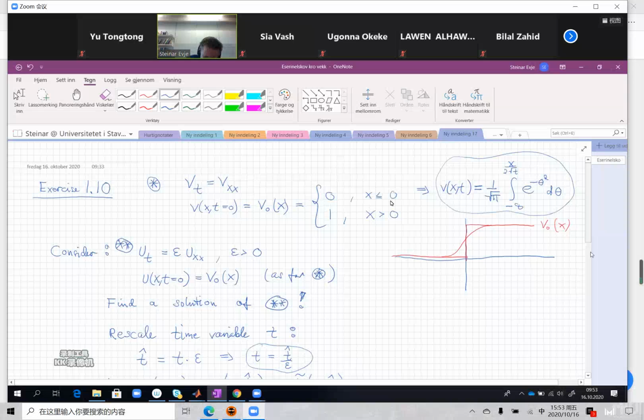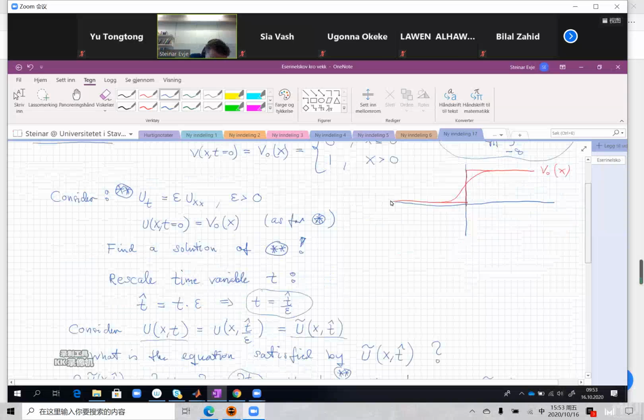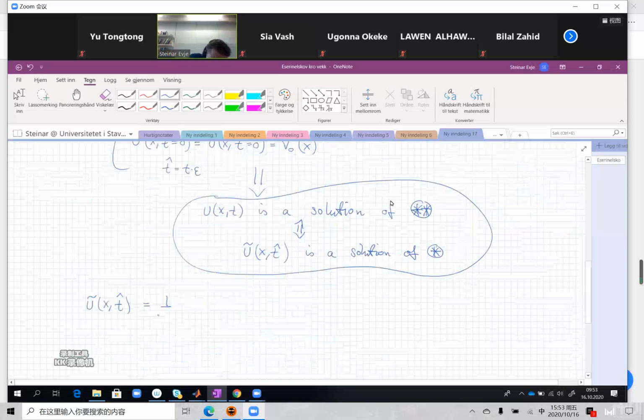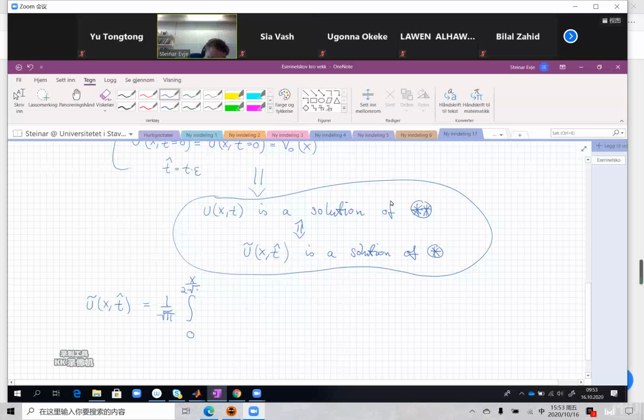So we can make use of that and conclude that this is equal to 1 over square root of pi, integral from 0 up to x over 2 square root, but now it is with respect to time t hat, of e to the minus theta squared.